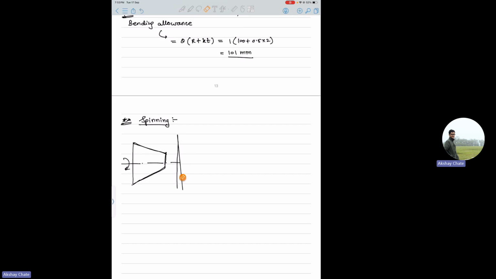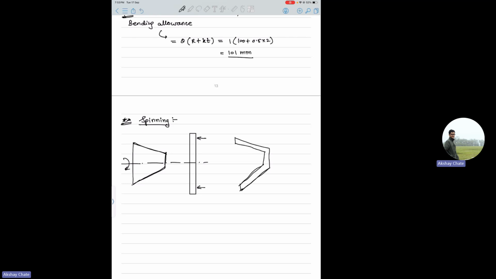and then it is pushed through a specimen of certain thickness, and this specimen is actually pushed using some rolls or something like that. So finally you'll get a shape like this.